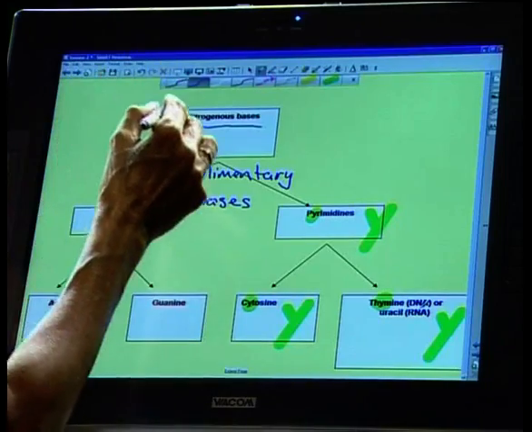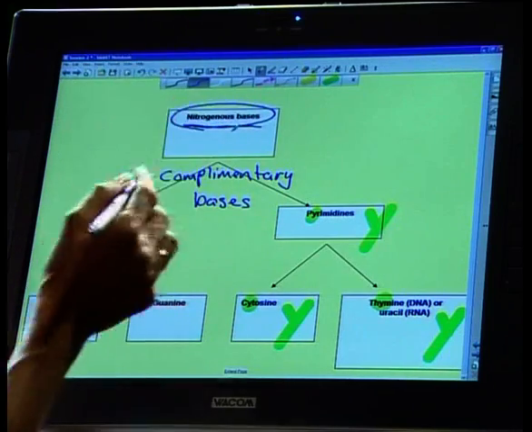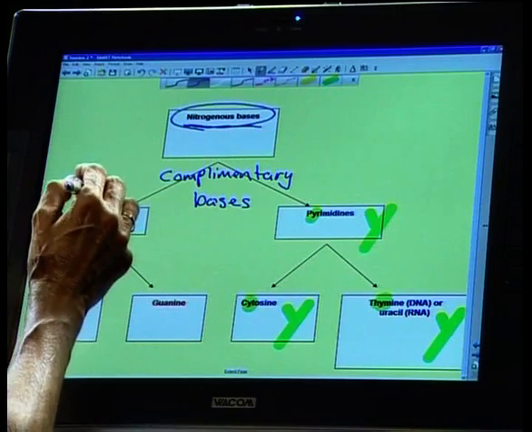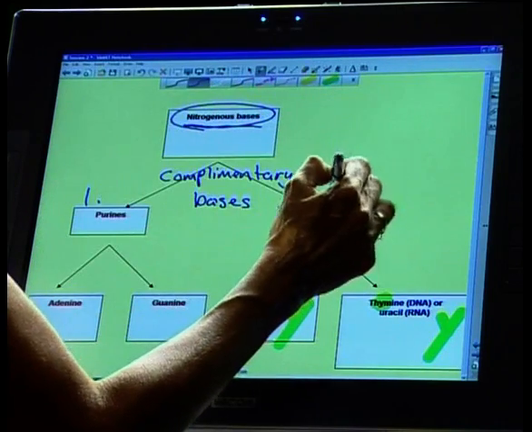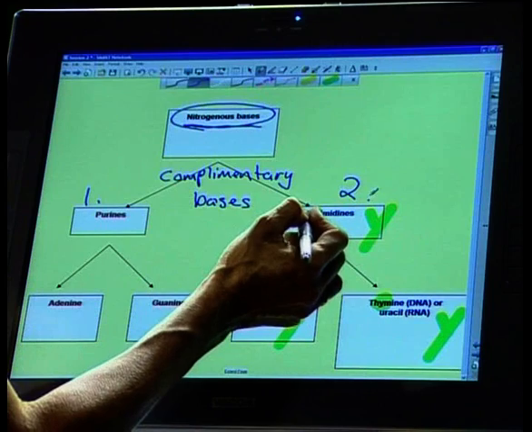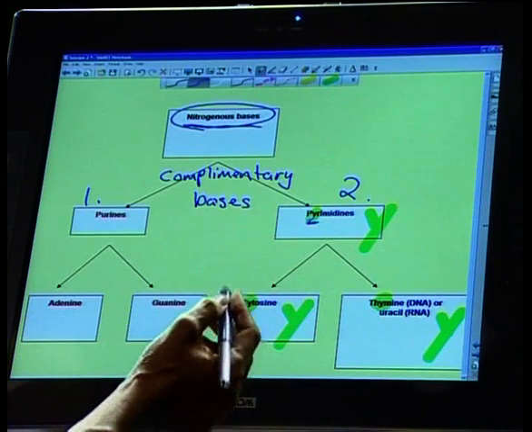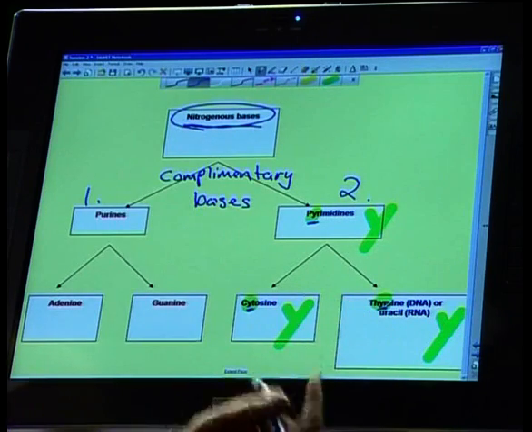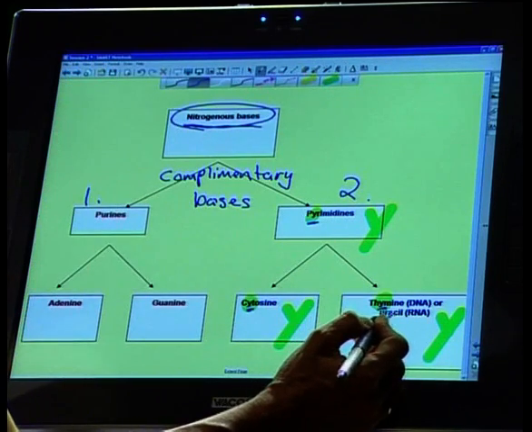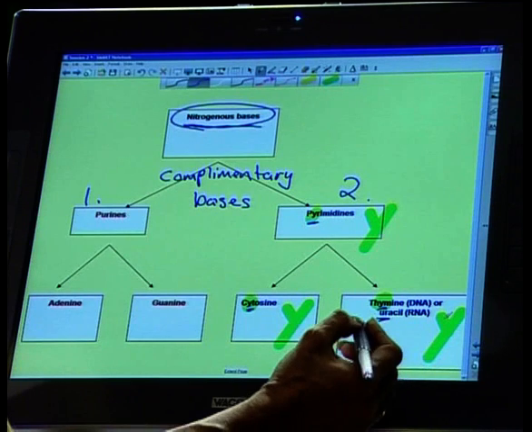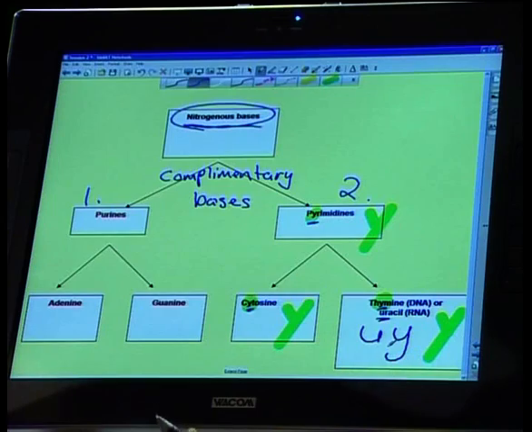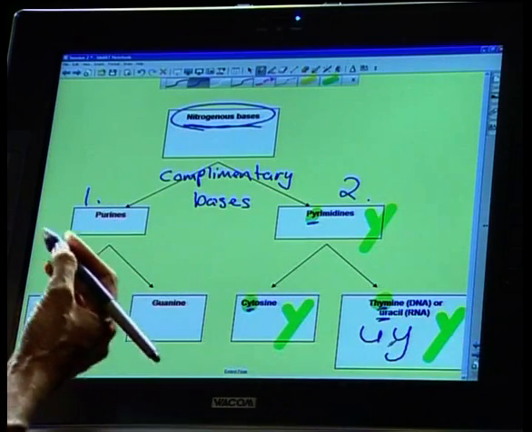So let's recap again. Nitrogenous bases, we have grouping complementary bases. We have purines and we have pyrimidines. Pyrimidines have a Y in the word, and cytosine has a Y and thymine has a Y. But uracil is in RNA, and a U and a Y are very similar. So that is how you're going to remember it, people.